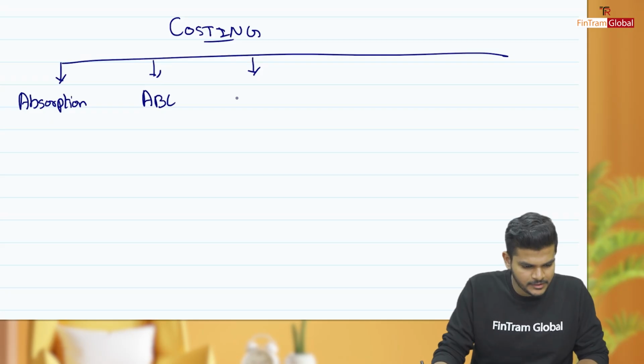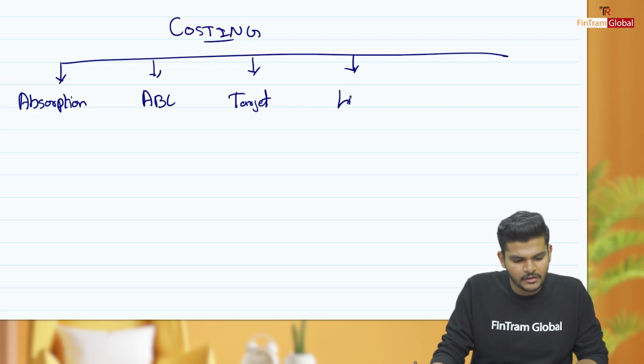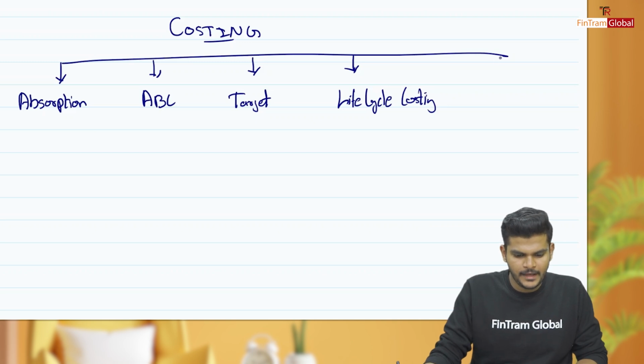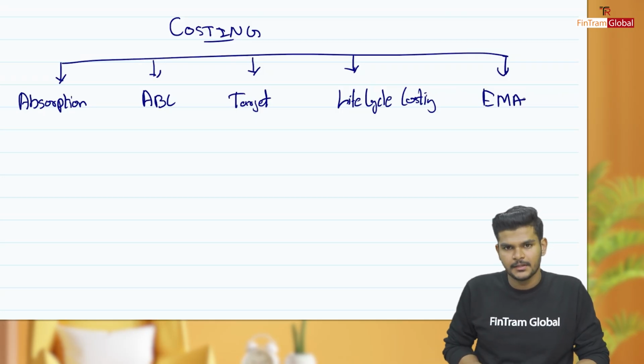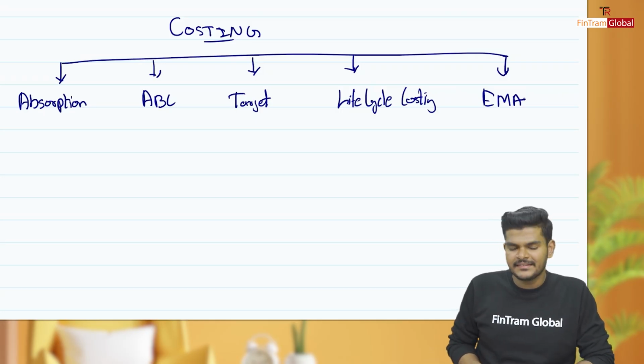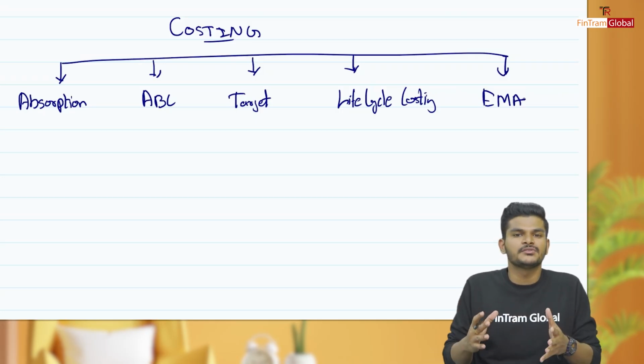We've learned about target costing as well. We've looked at life cycle costing. And finally, we also had a look at environmental management accounting as well.